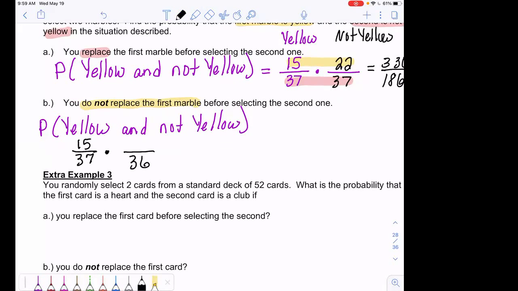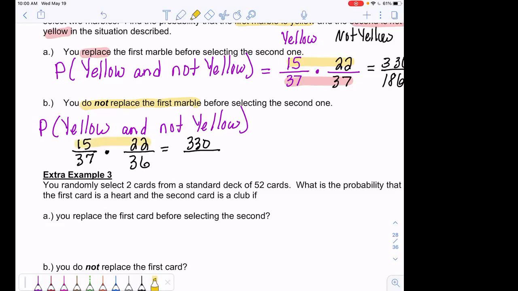36. So here's the difference. If you don't replace it, your bag has one less. So the second probability is now 22 out of 36. That part has changed because I have one less marble in the bag. I took out a yellow one and now I have 36 remaining. So we still have on the top 330. Remember, you're multiplying across the top.